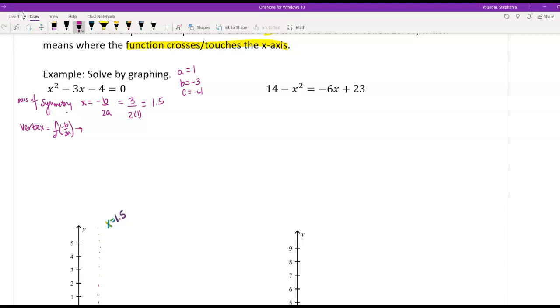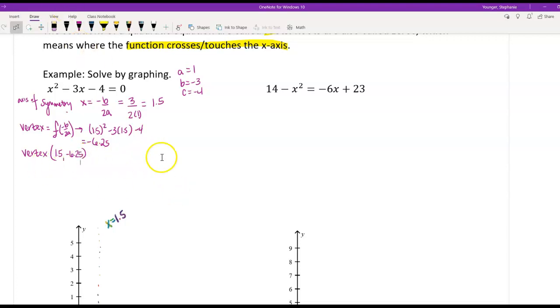So first, we go 1.5 squared minus 3 times 1.5 minus 4. And what we get here is negative 6.25. So our vertex is the negative b over 2a, which is 1.5, and our f of negative b over 2a, which is negative 6.25.